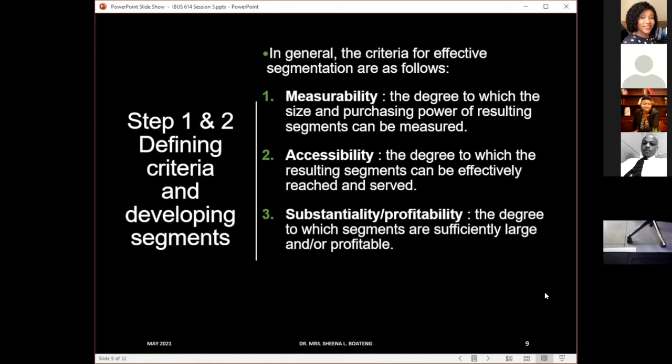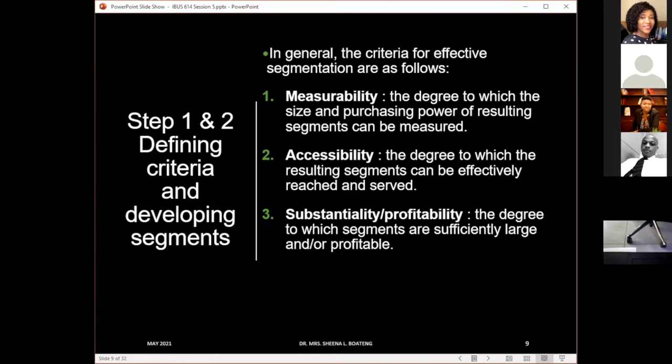Also, we need to talk about the issue of substantiality and profitability, and that takes us back to the Yemen example that I just gave, right? It will not be profitable to serve customers within a market like that because of the nature of the economic situation in that country and the level of purchasing power of the people there. Any organization that targets customer groups within this country is not thinking in terms of profitability, but perhaps in terms of humanitarian grounds, because it may be near impossible to turn a profit by selling to customers in these markets.